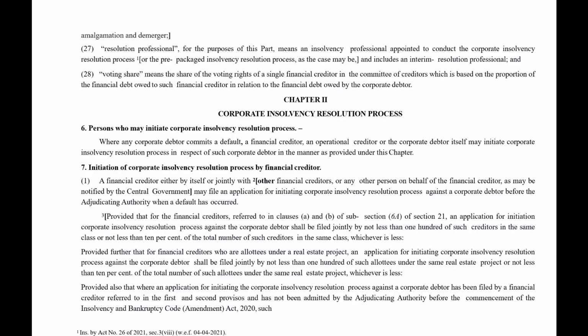So they say that voting share means the share of the voting right of a single financial creditor, which is based on the proportion of the financial debt. Suppose total debt is 100 crore and a person is having a debt of 10 crores. So then how much vote share will he get? 10%. So this is the meaning and very logical also. So voting share is based on the proportion of the financial debt owed to such financial creditor.